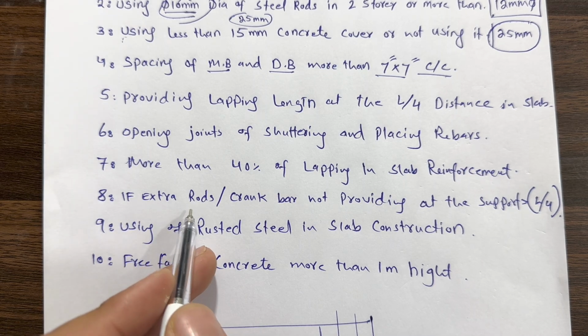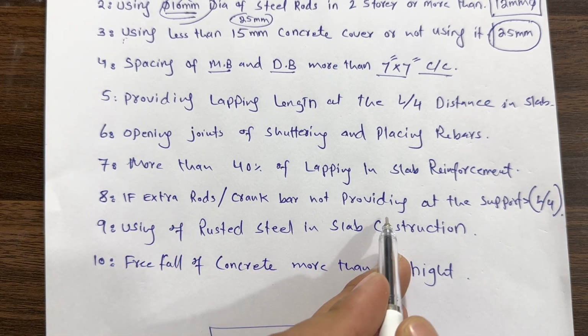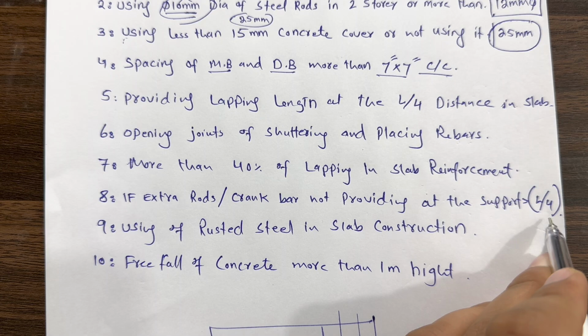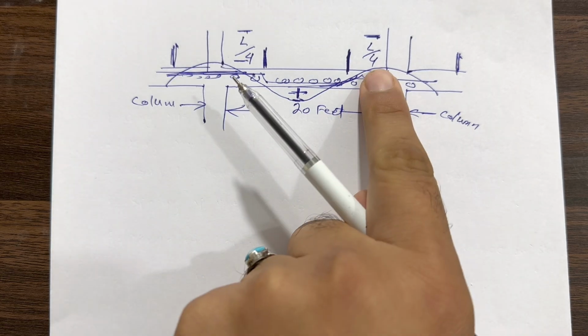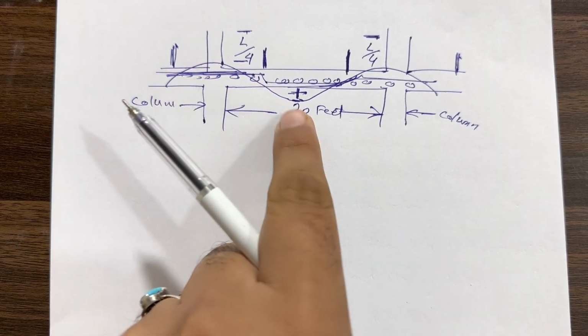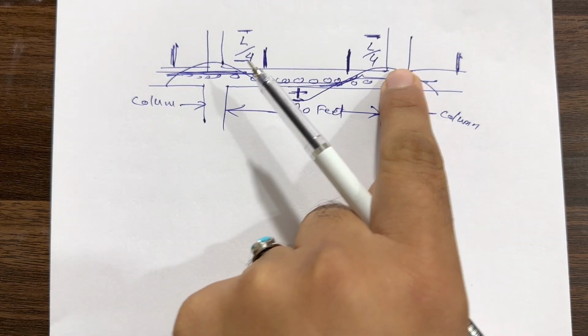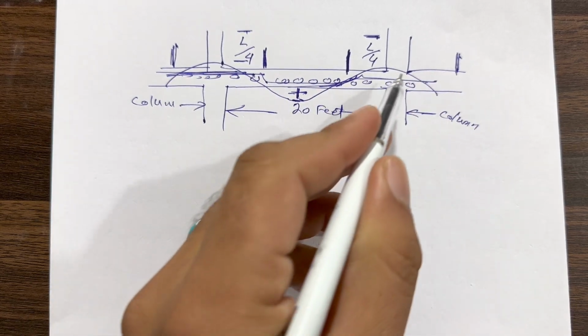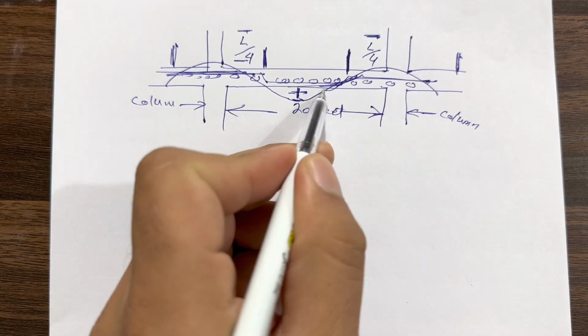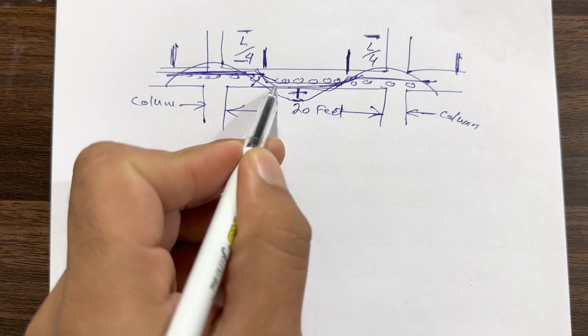Next, if extra steel rods or crank bar are not provided at the support L by 4, this is one of the big mistakes. As I told you before, in this diagram, guys, we have negative bending moment here, and here we have positive bending moment. To resist negative bending moment, we are providing crank bar. As I told you before, this is crank bar, or bent up bar.